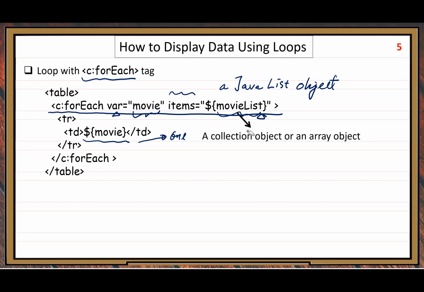Here we refer to that collection object or an array object. So, Java collection. Why collection? Because in Java, there is a capital-C Collection interface.